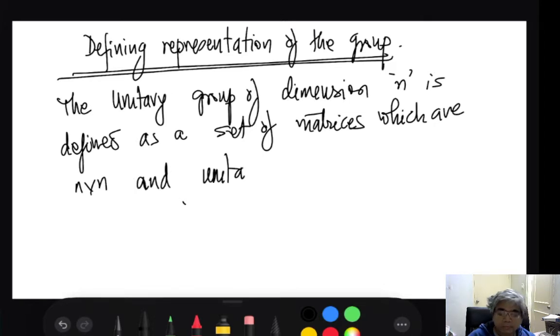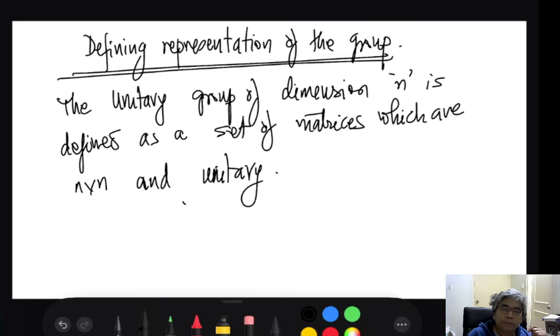Okay. So the unitary group is defined in terms of a set of matrices, but there could be other representations of this group. The lowest dimension you have seen is U1, which we have seen a lot the last few days. Then you can have SU2.